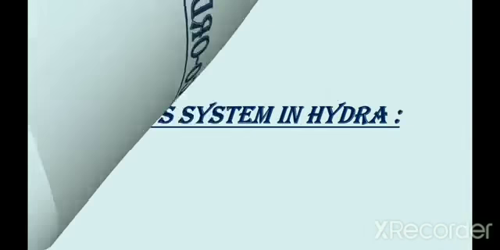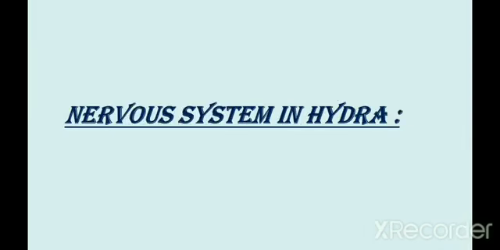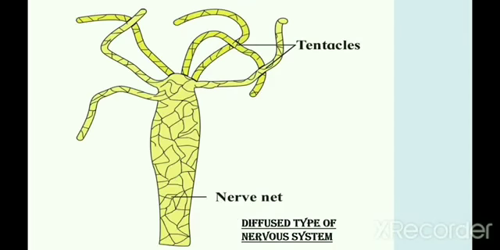For this, we have to start with the smaller animal, starting with the nervous system in Hydra. Hydra is a cnidarian. It shows a diffused nervous system, which is the most primitive nervous system. The cnidarians are thus the first animal group showing a true simple nervous system.